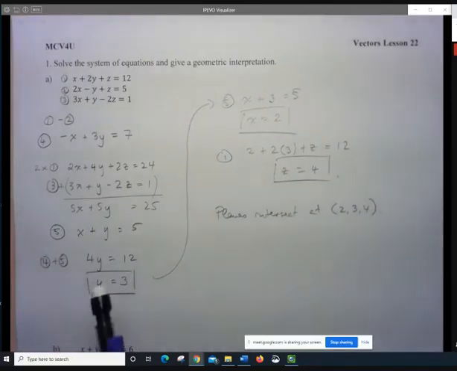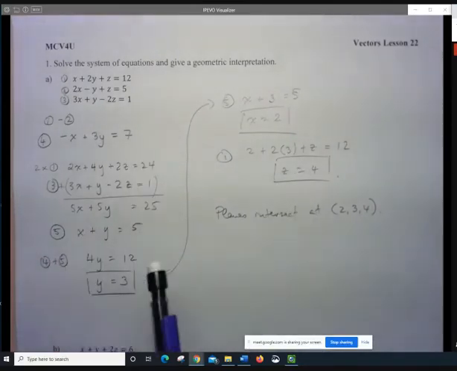So you can see that this would get very, very messy when you go beyond 3 equations. And so this is why we're going to look at an alternative way of solving these equations.